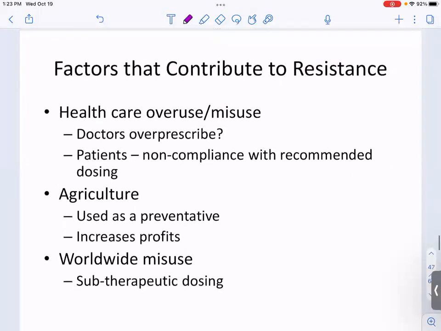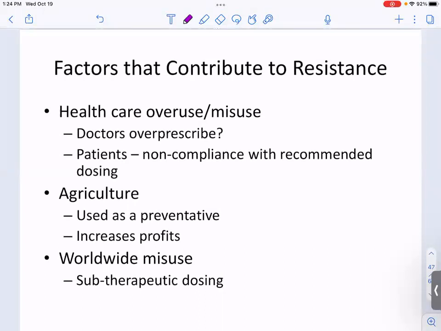How have we gotten to this point that we have so much problem with resistance? There are steps that we can take, hopefully, to slow resistance down. I think we're a lot more cognizant about this now, but in the past, maybe doctors have prescribed antibiotics when they knew it really wasn't going to do any good, maybe for an infection that was viral. Patients demand some treatment, so doctors are under pressure to do that.